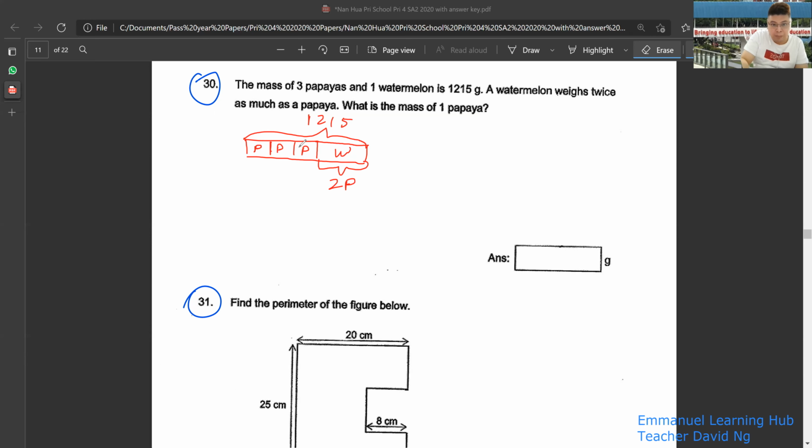So altogether, how many P are there? 3. So altogether, this whole thing, how many P? 5 P. So how to find one P? 5 P is 1215. 1 P is 1215 divided by 5.